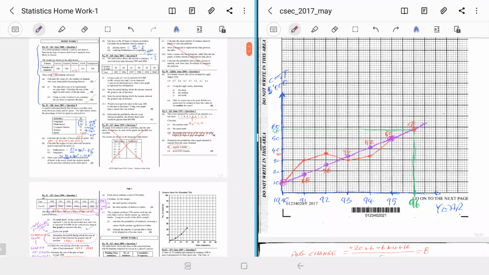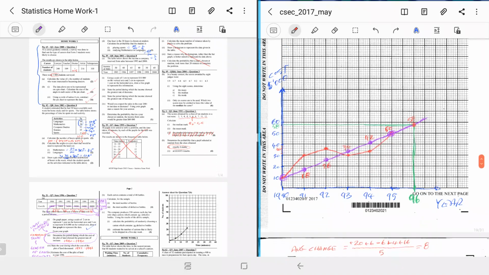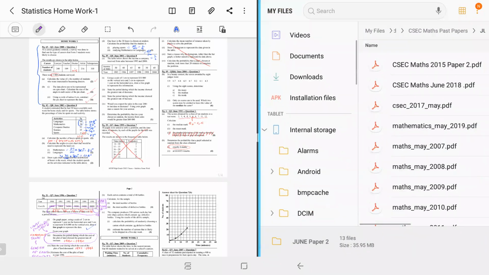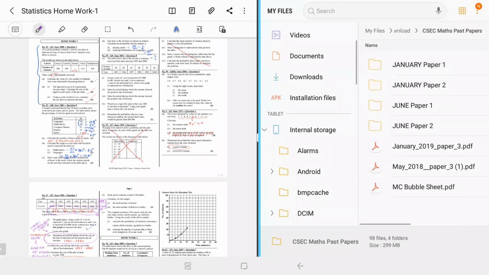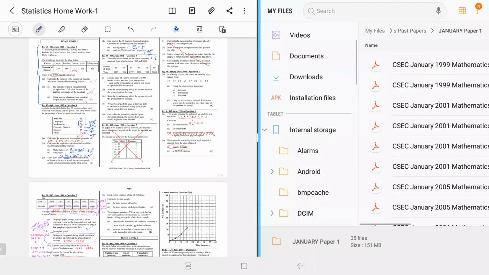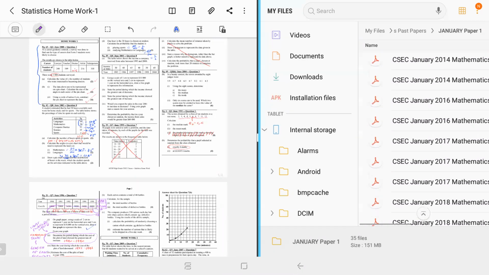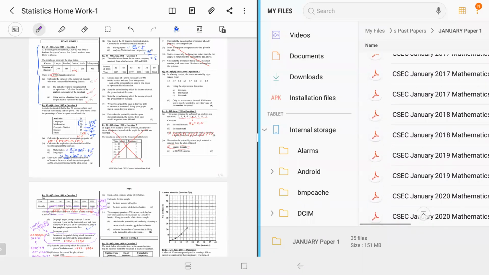So I want to take the next couple of minutes and talk about the standard deviation thing. But I want to see if I can find a question that came on, I think it was a January paper, January 2019.